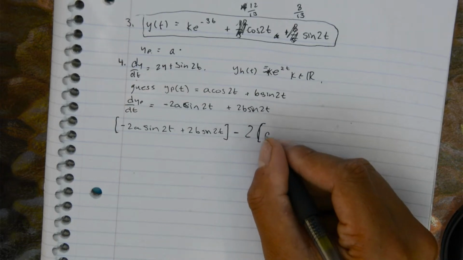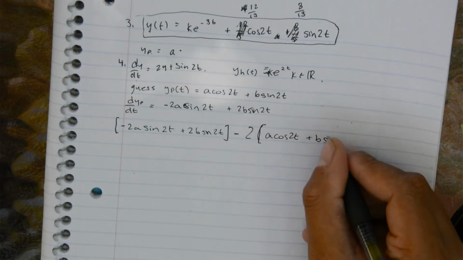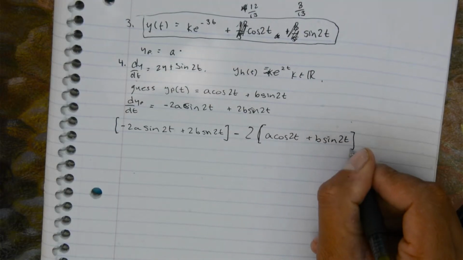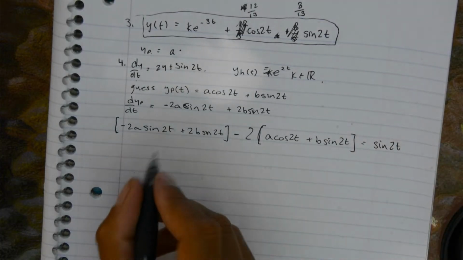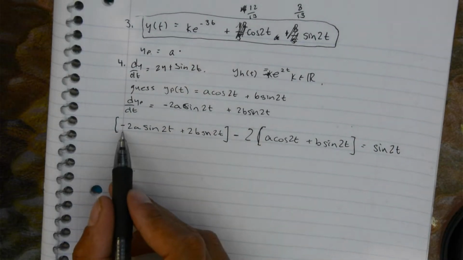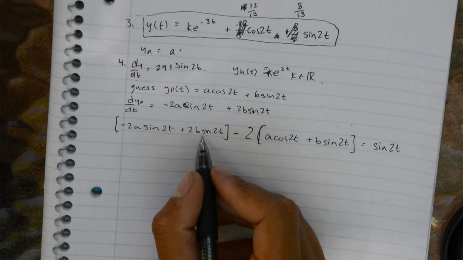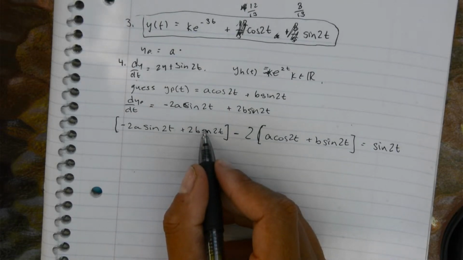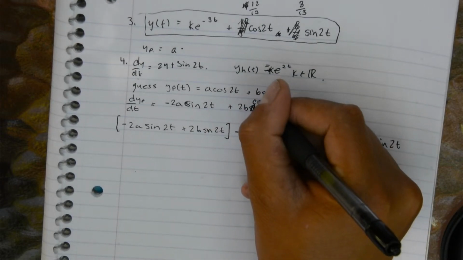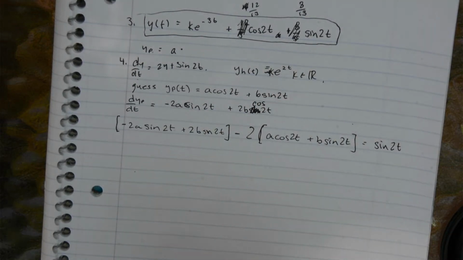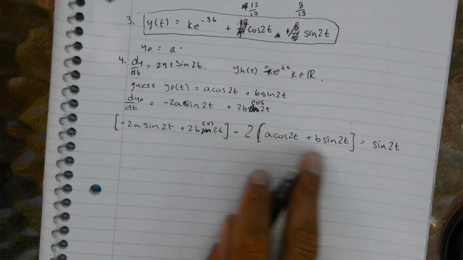So this is going to be a cos 2t plus b sine 2t, equal to sine of 2t. Now when we look at the coefficients, wait, why did I get sine and sine here? How is that possible? This is cos. This is cos. All right, so sine, cos, cos, sine. Okay.